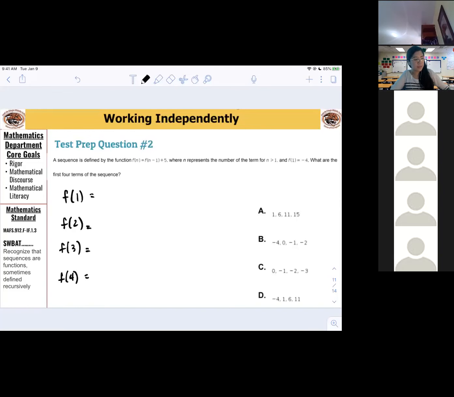All right, that's time. Okay, let's see. So I need to find the first 4 terms, starting with f of 1. Read the problem carefully. How do I figure out f of 1? You substitute the 1 with the n.